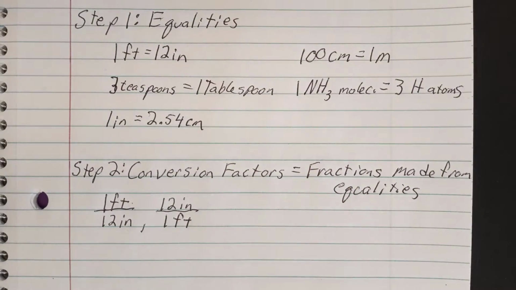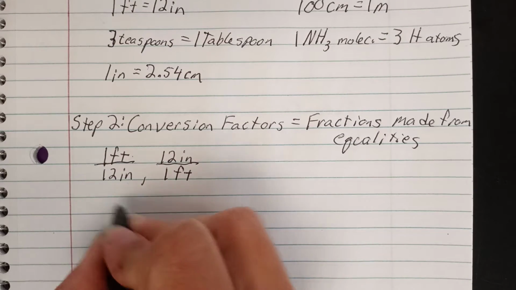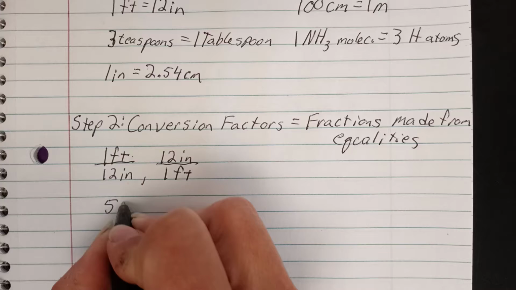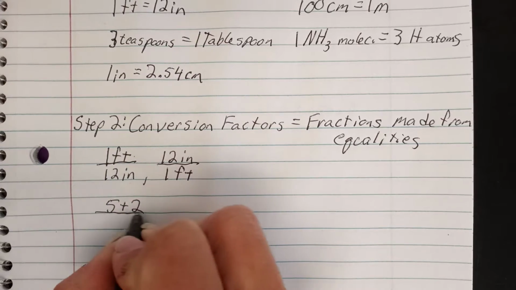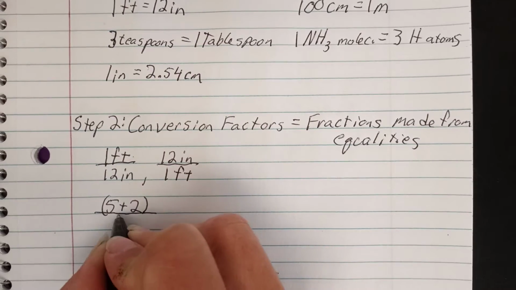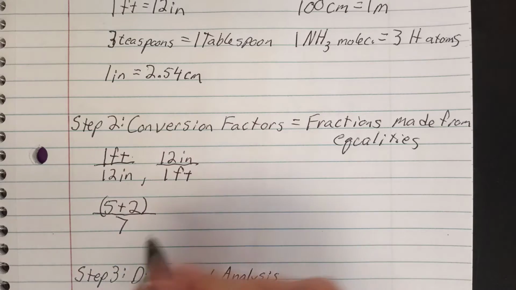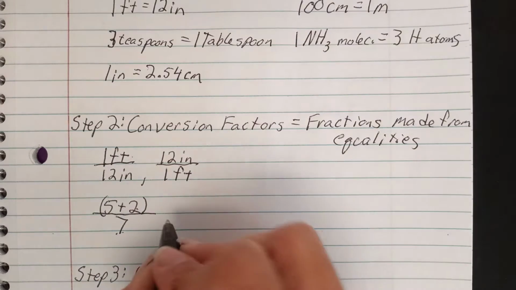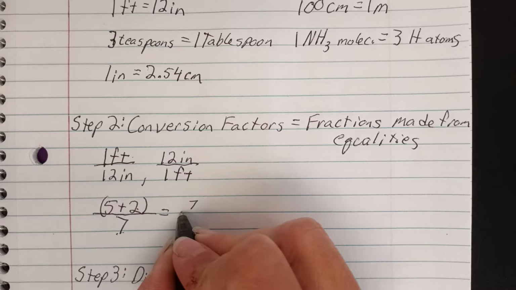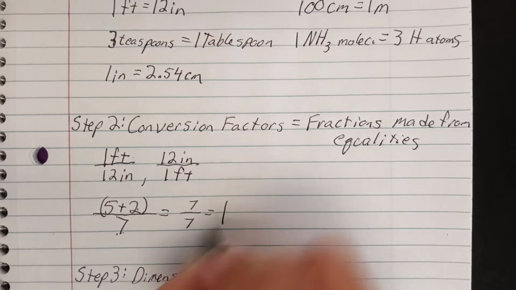And we know from math that if you take two things that are equal to one another, say like 5 plus 2 divided by 7, well, 5 plus 2 is equal to 7. If we simplify this, you get 1.